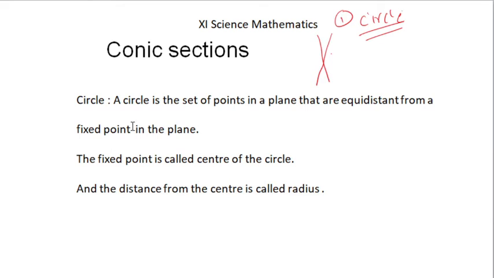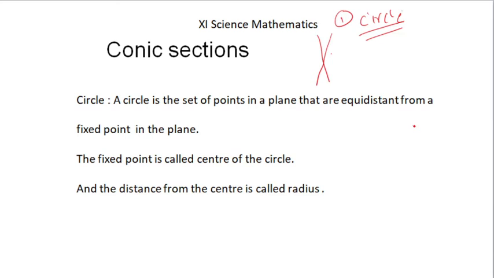Pay attention here: a circle is a set of points, also called a locus or loci, equidistant from a fixed point.